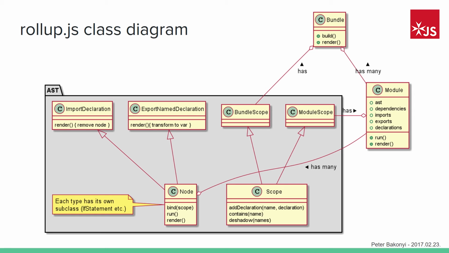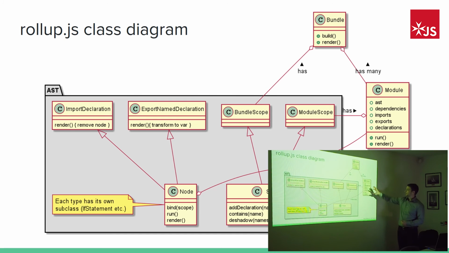The module class has many nodes, and the nodes are actually the abstract syntax tree nodes we have seen before, for example import declaration, export name declaration, or an if statement, or a function call, or a return statement. And the module has a module scope, and the bundle has a bundle scope.